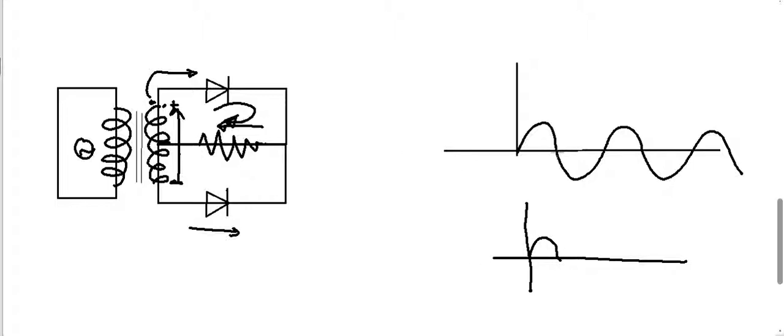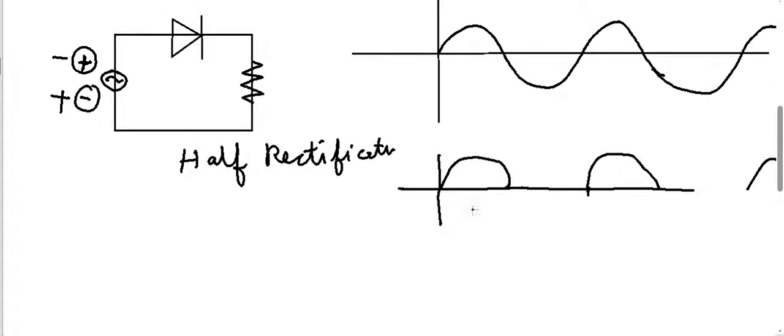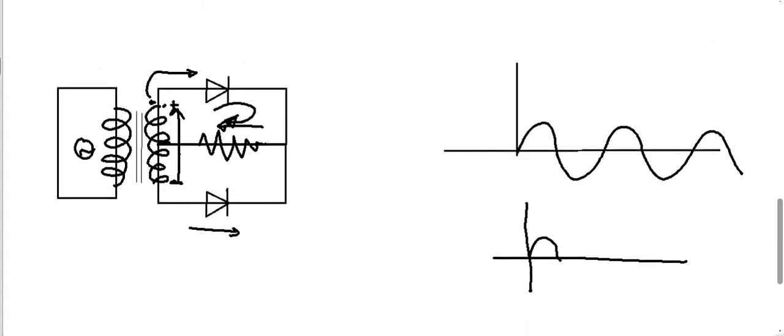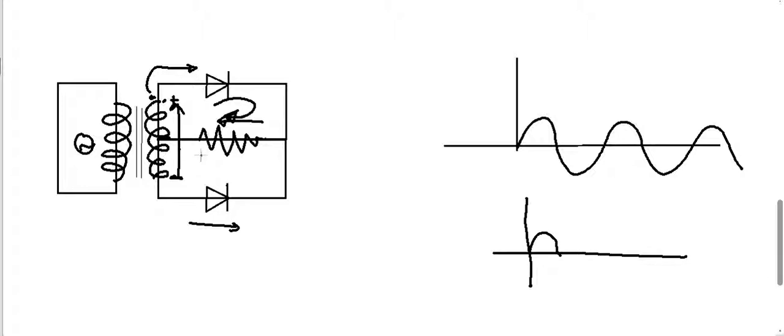Now in the second half, where in our first case it was zero current, let us see what happens. In the second half the polarity is reversed. I am depicting the second half in blue color.